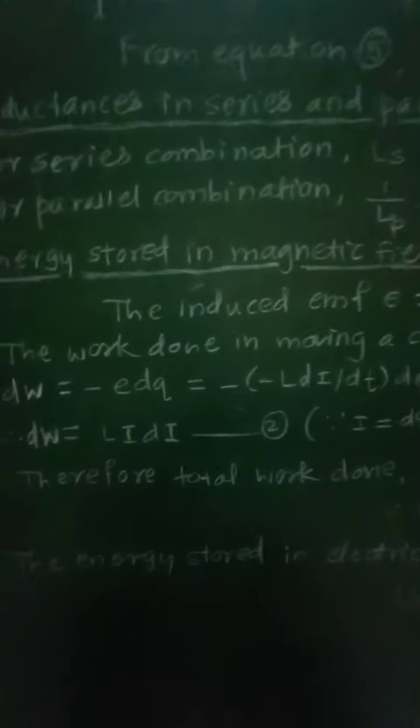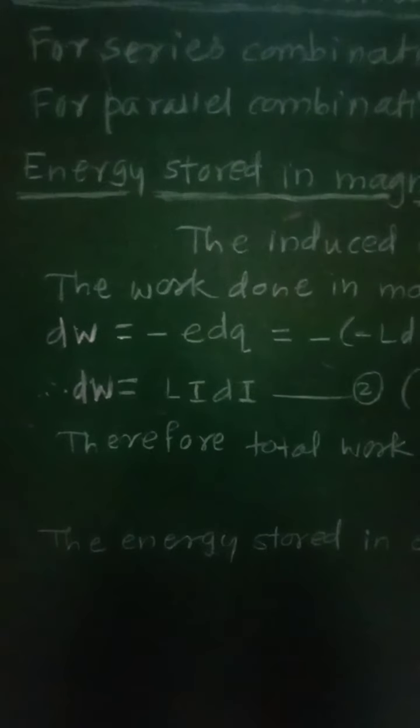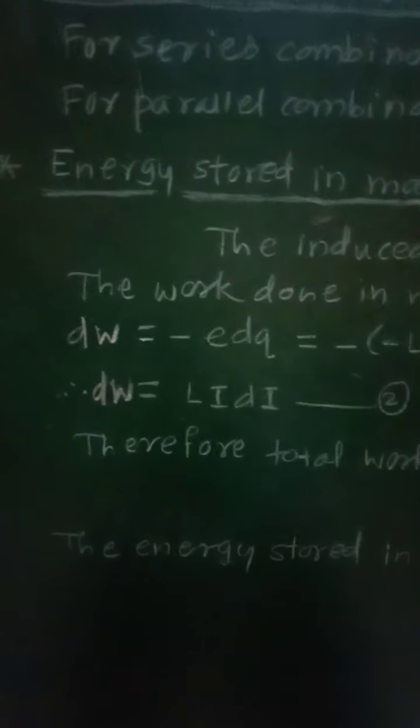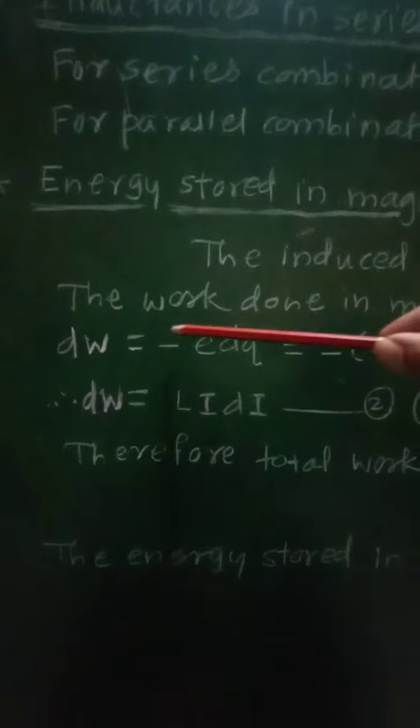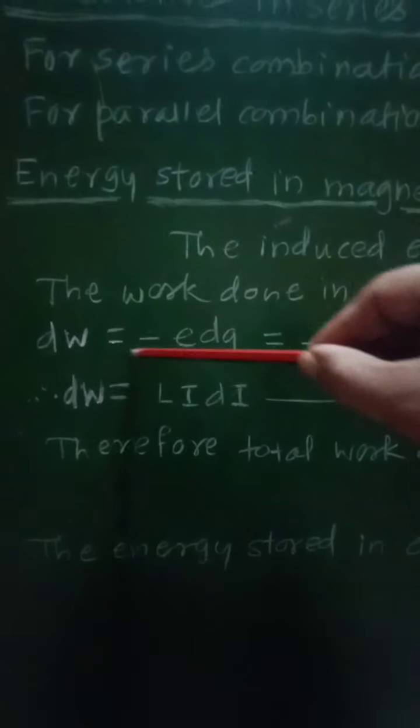We have to move that charge dq against the inductance, because the inductance will oppose the motion of the charge dq, and hence small work dW will be equal to minus E dq. So this will be the work done.